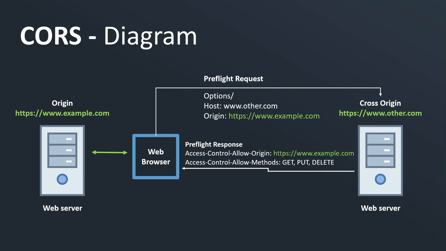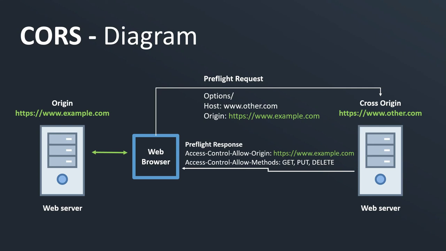So yes, it is allowed because now we have the same origin here, the green one, as we had on the left hand side. And the methods that are authorized are GET, PUT and DELETE. So we can get a file, delete a file or update the file. So okay, this is what the cross origin is allowing our web browser to do.